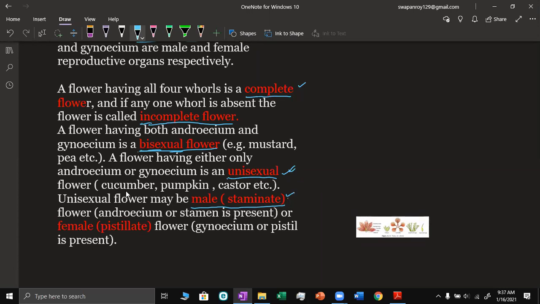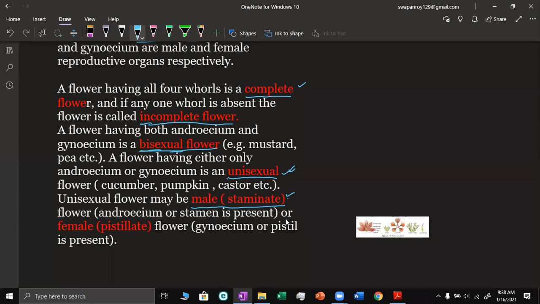This is found in the case of cucumber, pumpkin, castor. On the same plant, male and female flowers are produced. In the squash plant also, the male flowers and female flowers are different.